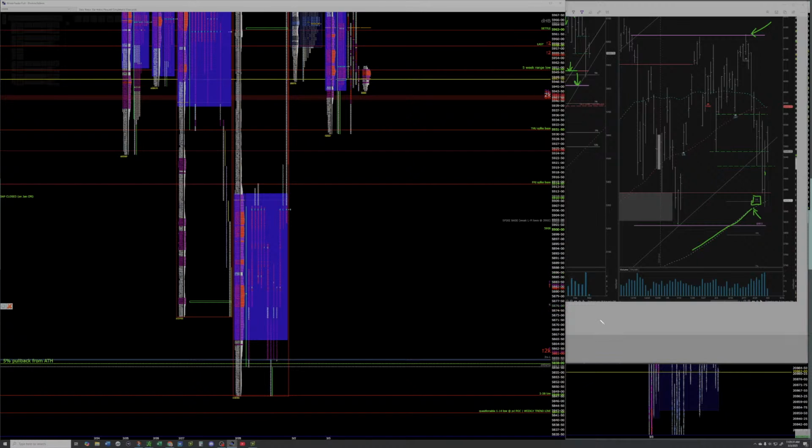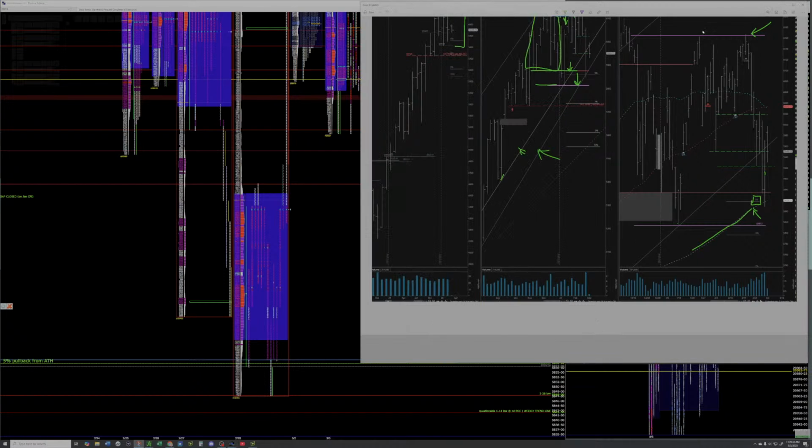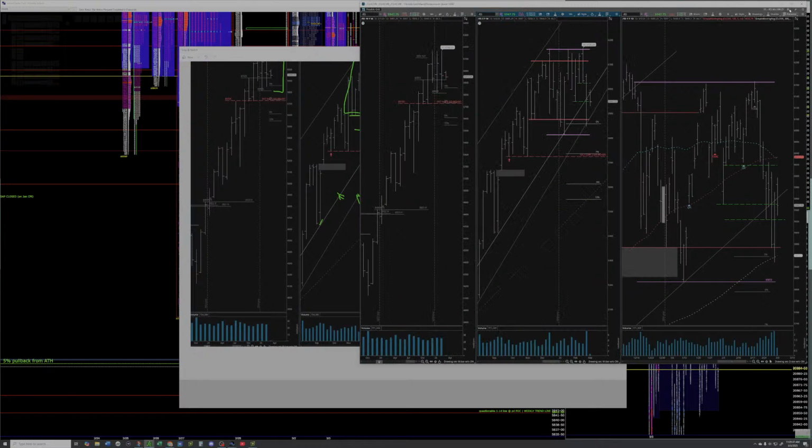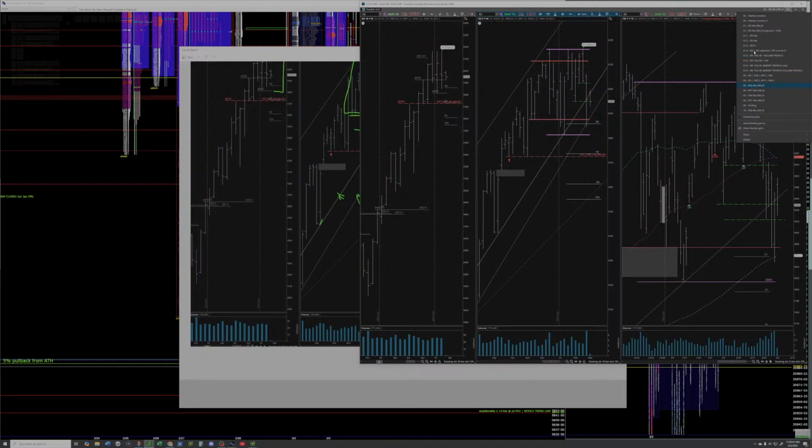Another important thing that I think was very important to me coming Friday was, even though the ES has closed the CPI gap here, I was also checking the election gap. Notice that the election gap is closed, but I'm still using this as a reference because this represents change.